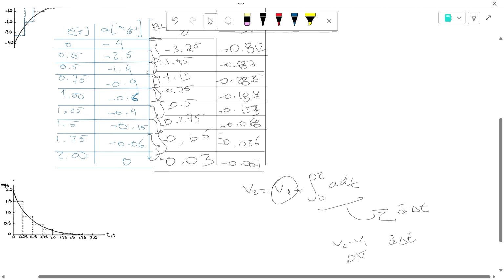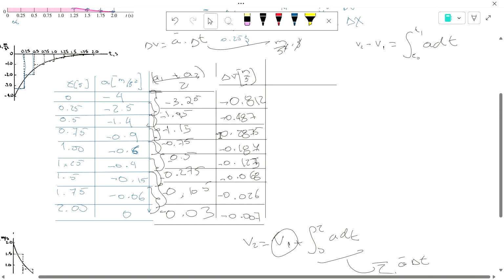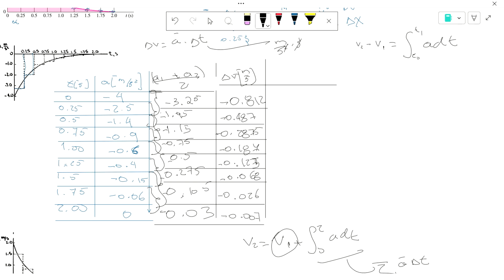So what we want to do is find our velocity terms in terms of our delta v. So for that, we're going to do our velocity number 1. We have velocity 2 from this delta, but we need to find velocity number 1, which is greater than velocity number 2. You'll see that in a minute. So this is meters per second. And at 2 seconds, we have 0.